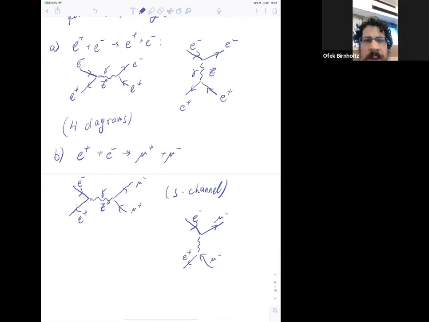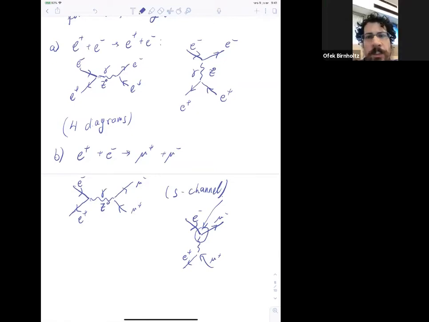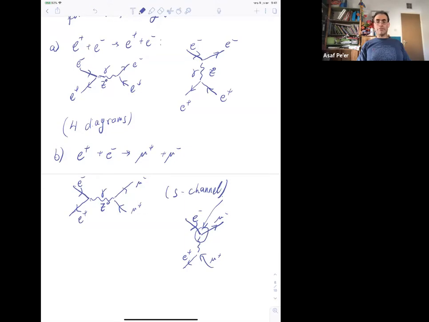In this sense, the weakest conservation is energy momentum because you can break that virtually. No, I don't break this at all. Well, you can have a virtual particle off mass shell. Yeah, the virtual particle is off mass shell, but the energy and momentum are conserved. They are determined by the external legs.